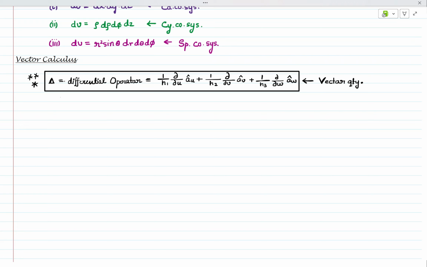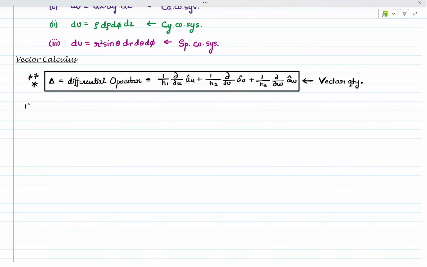Now, depending upon several operations on this del operator, I have deduced so many parameters in vector calculus. So let us see what those parameters are.